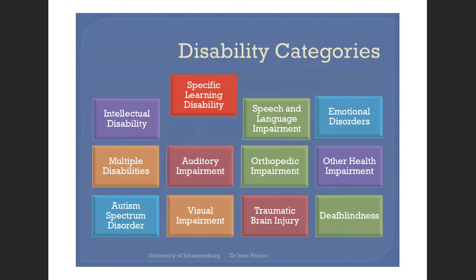And when we look at disability, this is just some of the disabilities and impairments that learners can have or people can have.